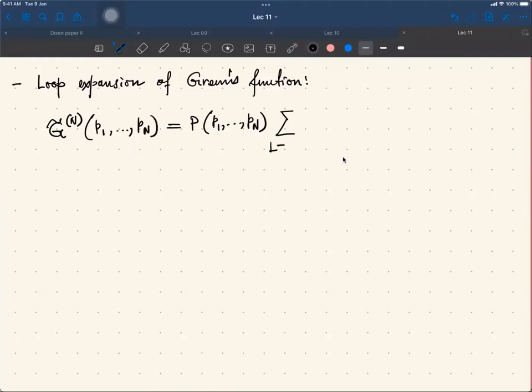But then I can count those topological diagrams in terms of the number of loops. So L equal to 0 to infinity, a tilde of n sub L (p1 to pn), and this is basically the L loop contribution.